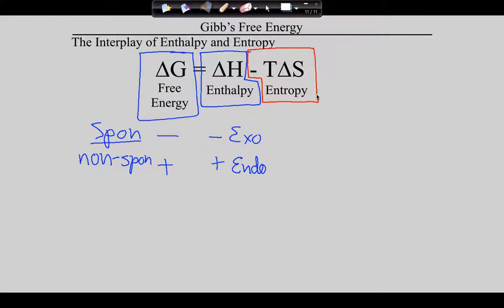So let's talk spontaneous first. So, guys, delta S, remember that's disorder, right? What kinds of reactions tend to be spontaneous, where disorder goes up or disorder goes down? Spontaneous, disorder up or down?